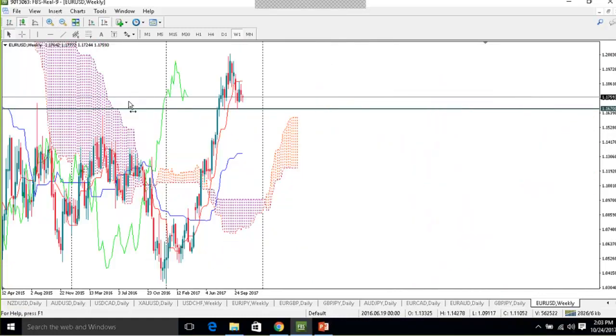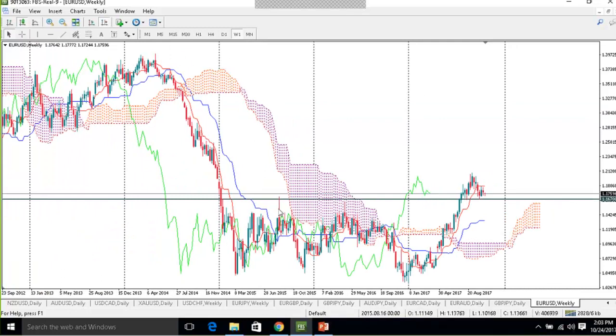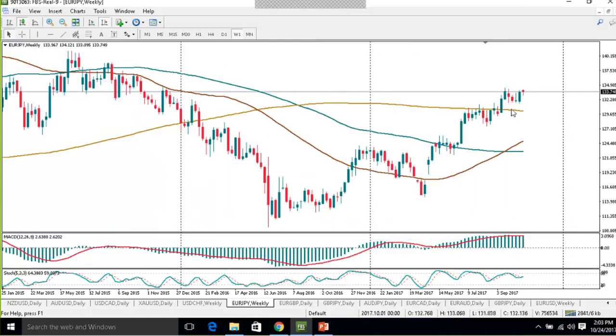But if you, in the first place, distinguish between sideways trade and trend trading, if you distinguish between the phases of the trend itself, well, you can use all these hints from Ichimoku.